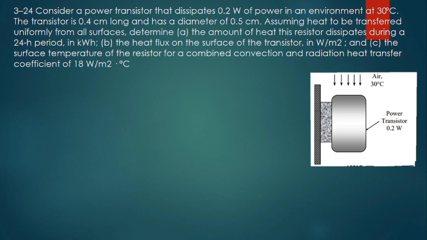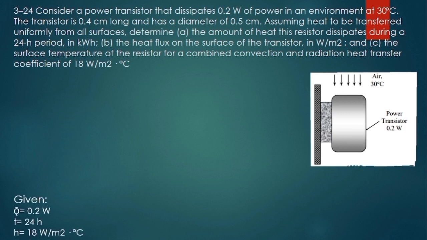Determine the amount of heat this transistor dissipates during a 24-hour period in kilowatt-hours, the heat flux on the surface of the transistor in watt per square meter, and the surface temperature of the transistor for a combined convection and radiation heat transfer coefficient of 18 watt per square meter degrees Celsius. So this is our figure.